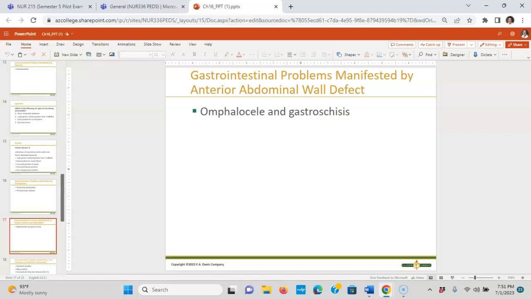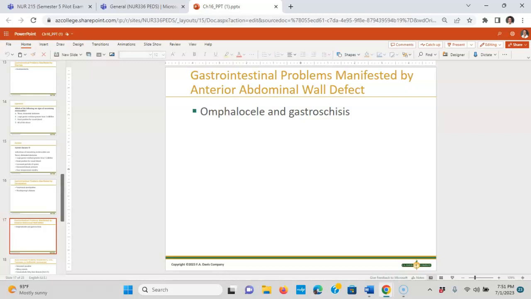That keeps the opening warm, wet, and protected. So both of these, omphalocele or gastroschisis, just like an opening on the back, you will cover it immediately with warm, sterile saline dressing and plastic wrap. We use a lot of plastic wrap in the NICU.